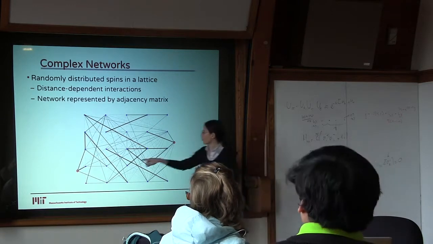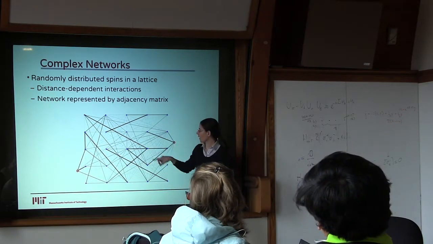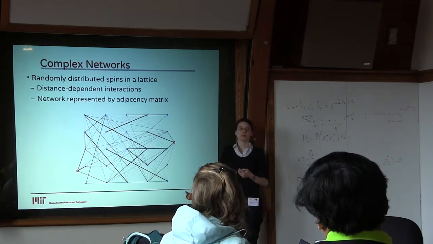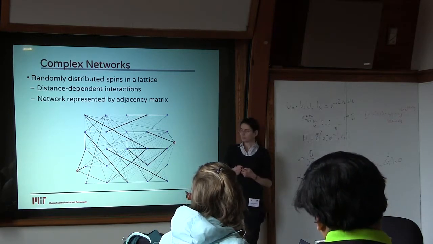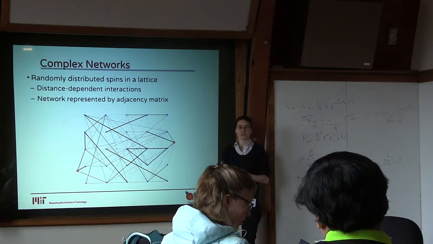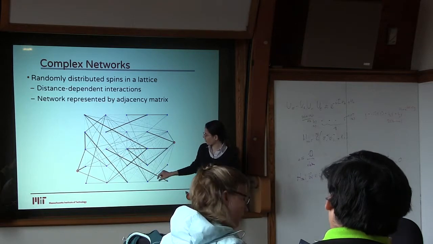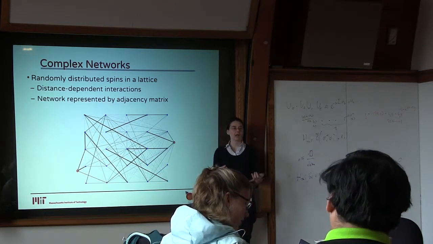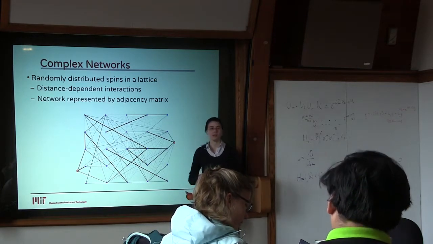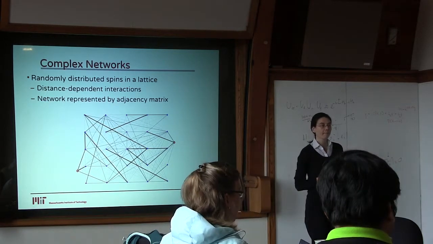So here I still have the 2 spins which I want to connect, and then these various lines correspond to the coupling among the spins. I sort of arrange them in random order. And what you see is that the thicker lines represent a stronger coupling, and the thinner lines represent a weaker coupling. So you assume that this is a random network.